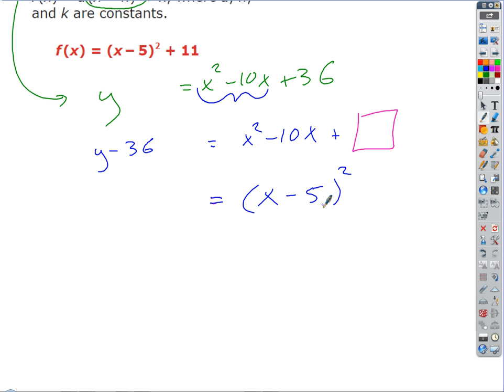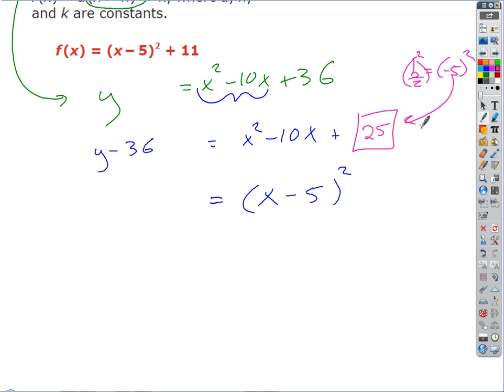But to get that, we have to add just the right number to the first two terms. So what's the recipe for that? 25. Because whatever half of b is, we're going to square it. That's b over 2 squared. So negative 5 squared is 25, right?